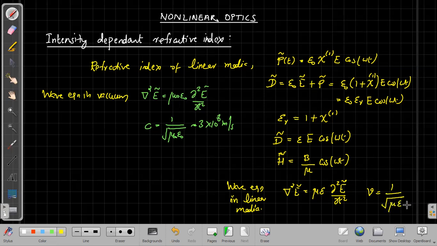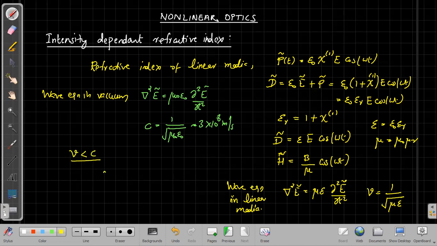Since mu and epsilon are usually greater than mu 0 and epsilon 0, because epsilon is epsilon 0 epsilon r and mu is mu 0 mu r, the speed in linear media is lesser than the speed of light in vacuum. So V is always lesser than C.